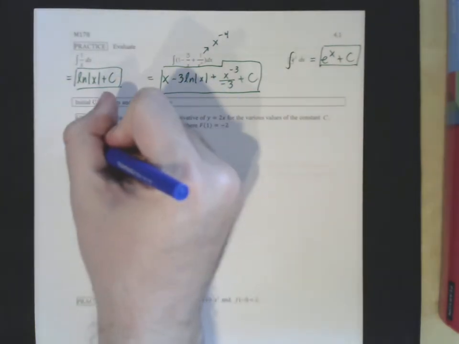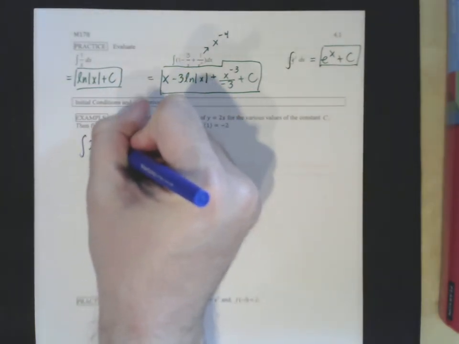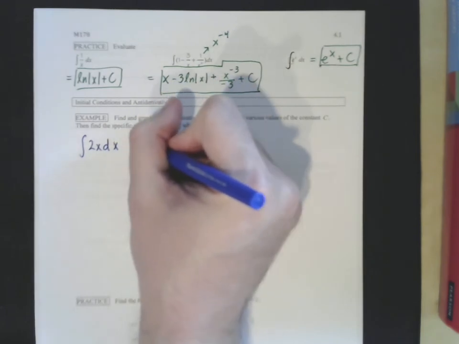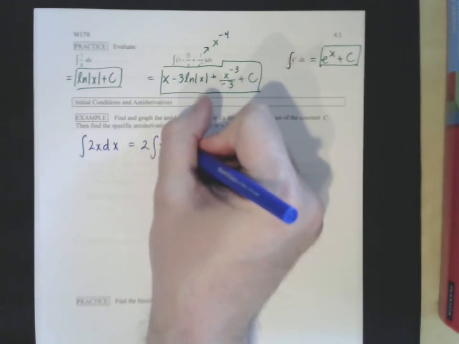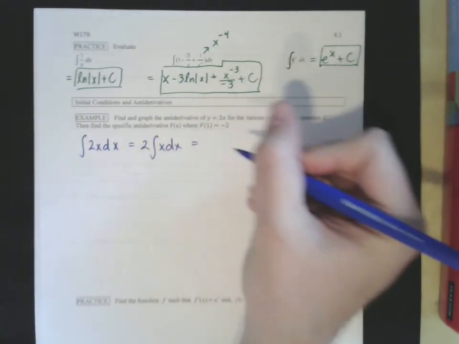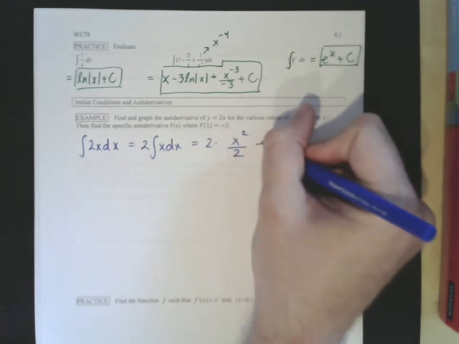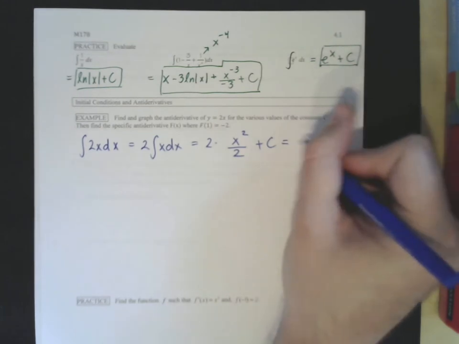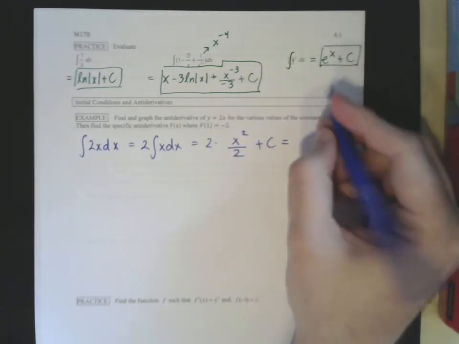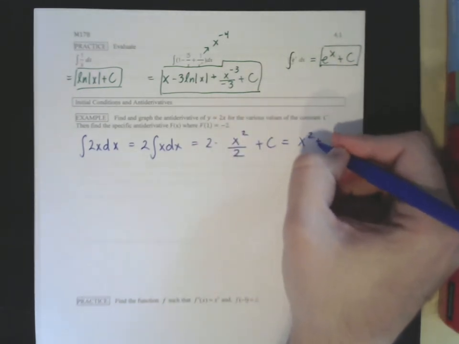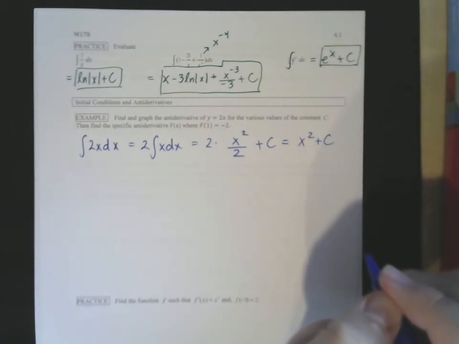So if we integrate 2x dx, this is 2 times the integral of x dx. Our power rule says this is 2 times x squared over 2 plus c, or 2 times 1 over 2 just makes it x squared plus c.